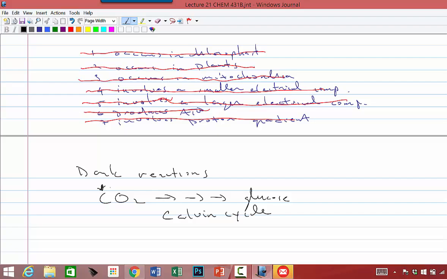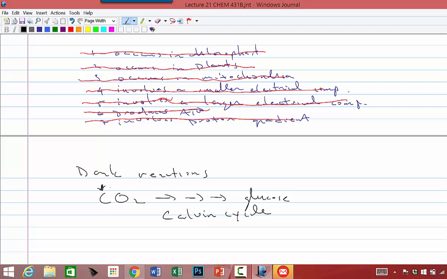That requires 12 NADPHs, 12 protons, and we're going to incorporate those carbons into glucose finally. And then this requires 18 ATPs plus water to be hydrolyzed to ADP and inorganic phosphate. So those are the dark reactions. And this is a summary of the dark reactions right here.